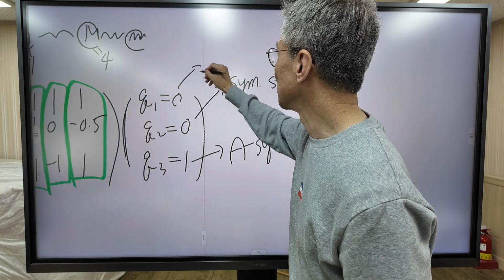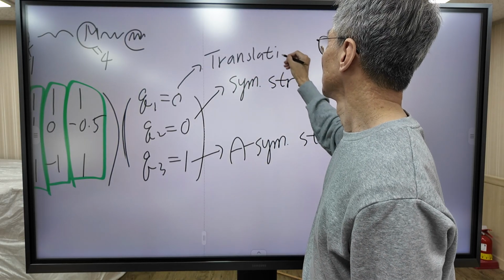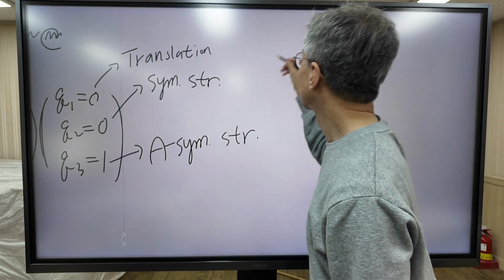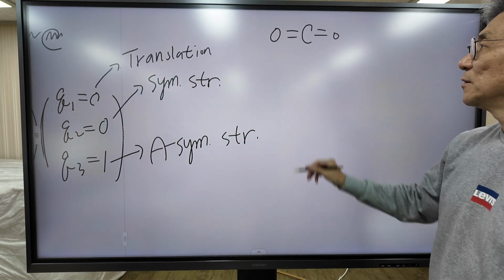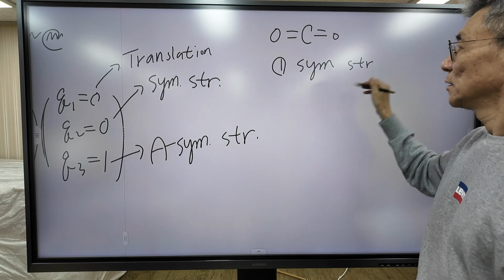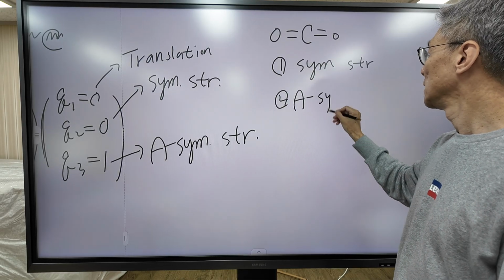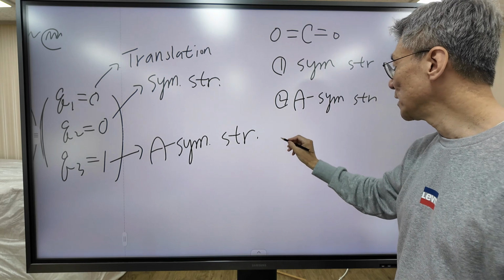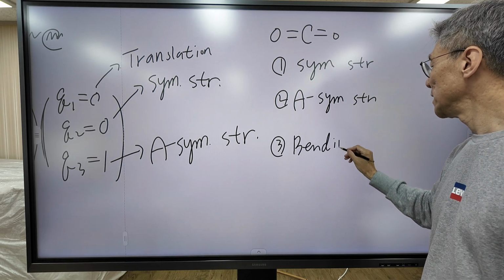So this one is translation. You may recall that CO2 has 3 kinds of vibrational motion. The first one is symmetric stretching. The second one is asymmetric stretching, and the third one is bending.